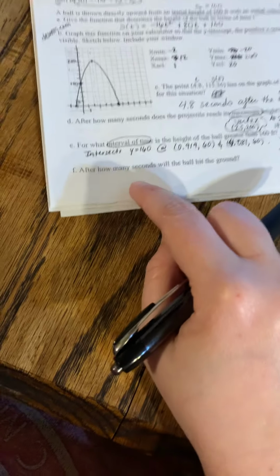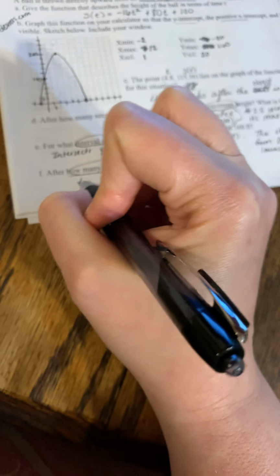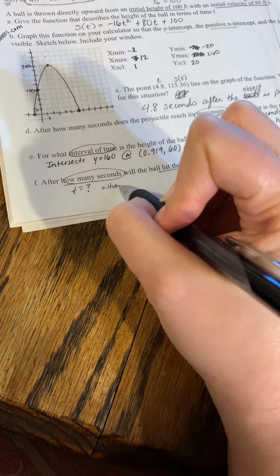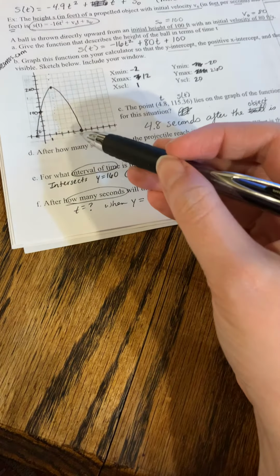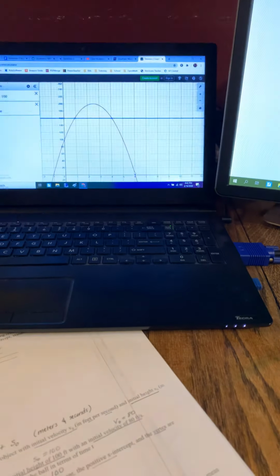Okay, after how many seconds will the ball hit the ground? So after how many seconds means that we want t equals question mark, hit the ground, when y equals 0. All right, well, that's right there, which is the x-intercept.